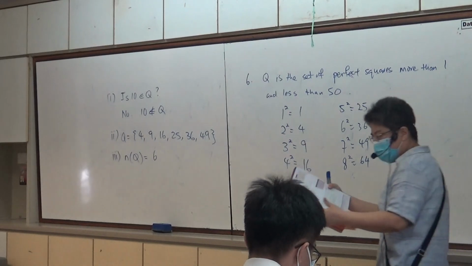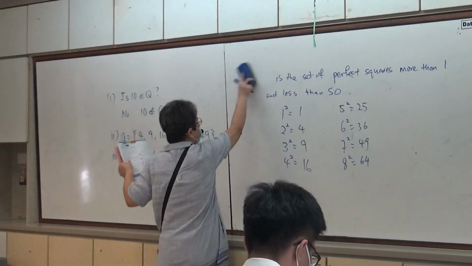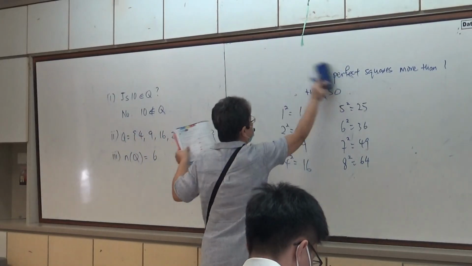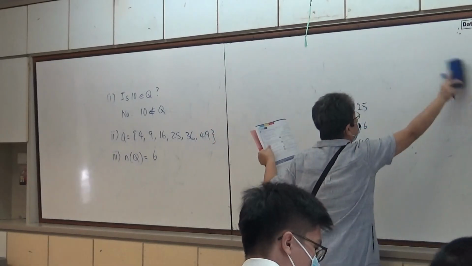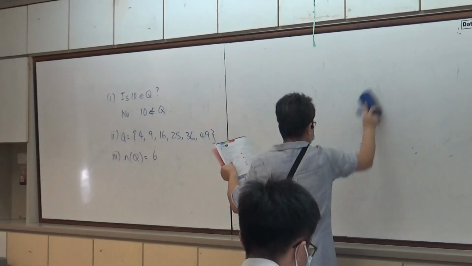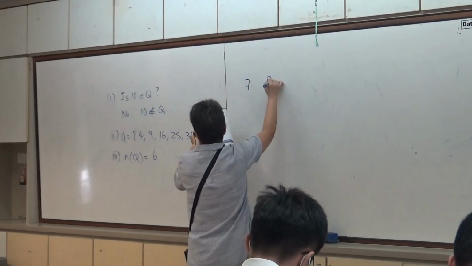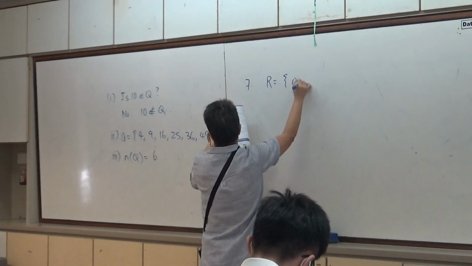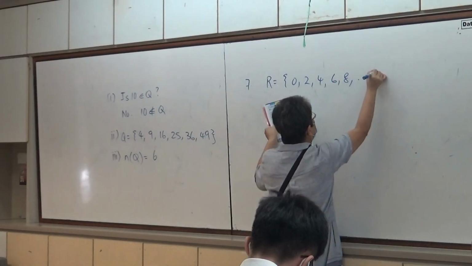Okay, next one. I want question number 7. I want you to read the question first. Can you write for me R is 0, 2, 4, 6, 8, dot, dot, dot.